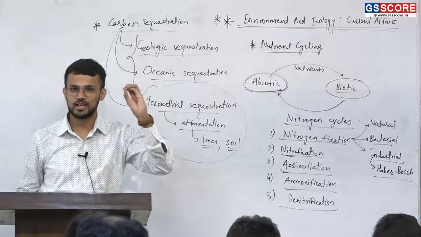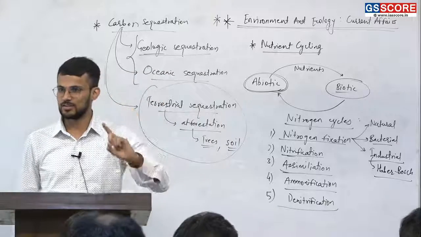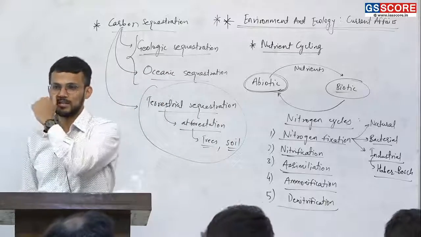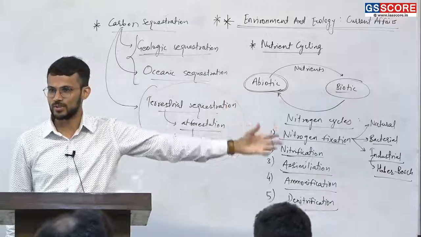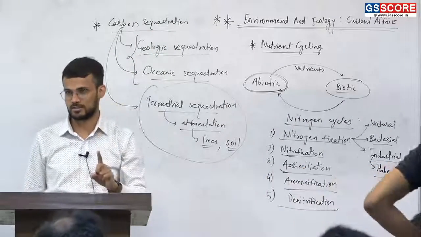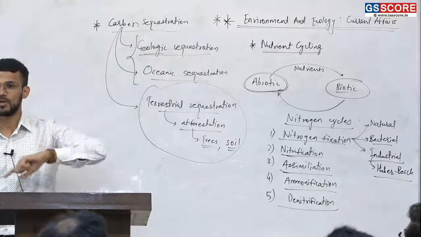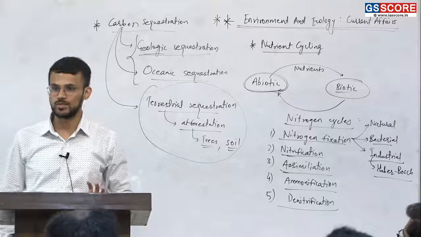So if sky glow is there, that means excessive illumination, and for example, if you stand on the road during night and try to see the sky, you won't be able to see stars. That does not mean that they are not there, but because of sky glow we are not able to see them.